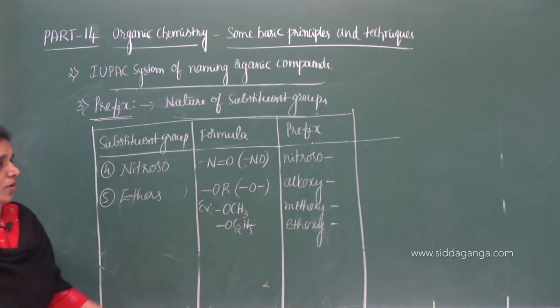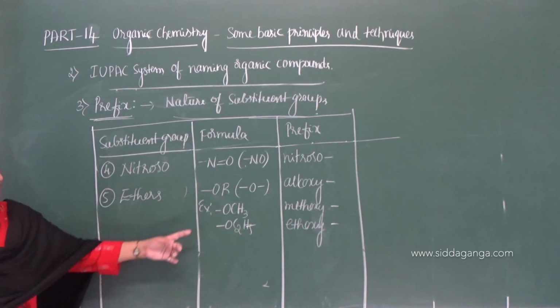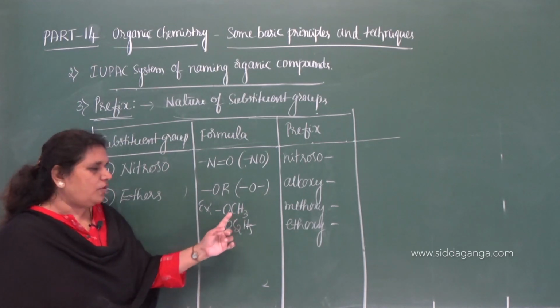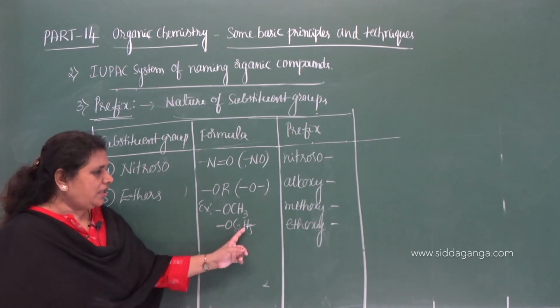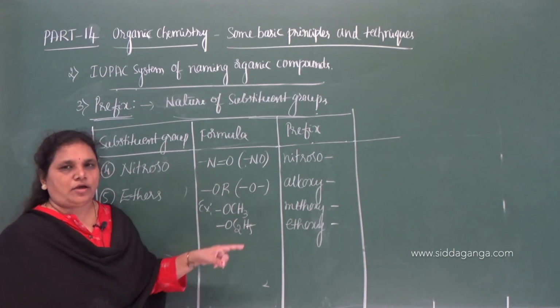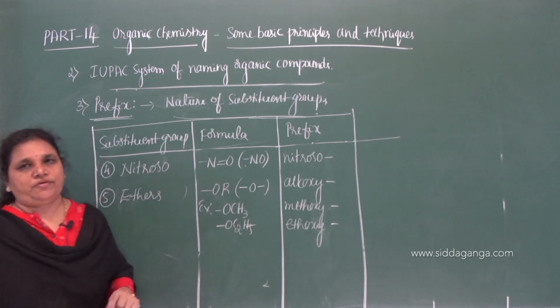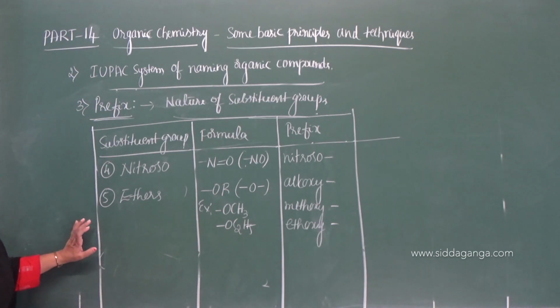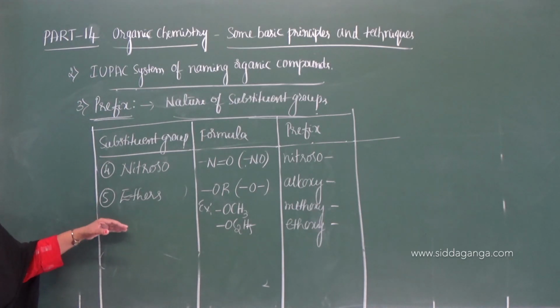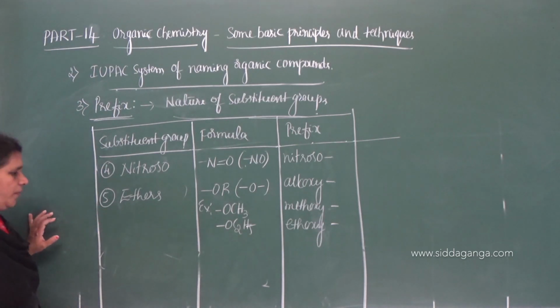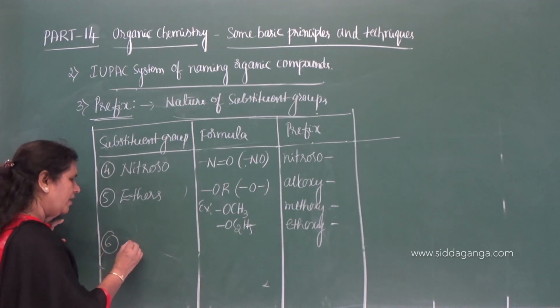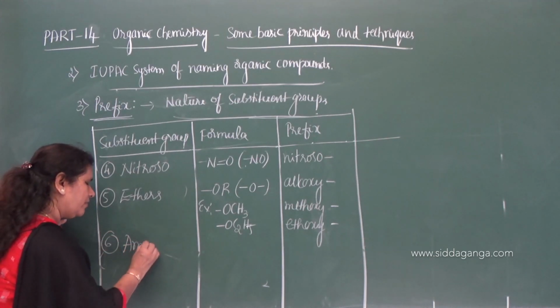Methyl group and the oxygen, methoxy; ethyl group and the oxygen, ethoxy. So like that you have to give the prefix for the ether functional group, and they are treated as the substituent group.